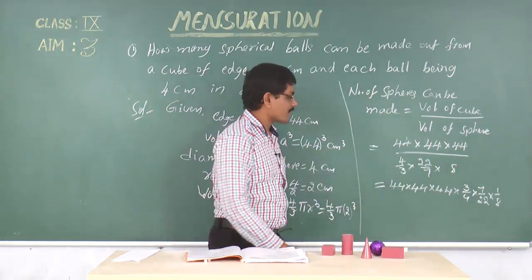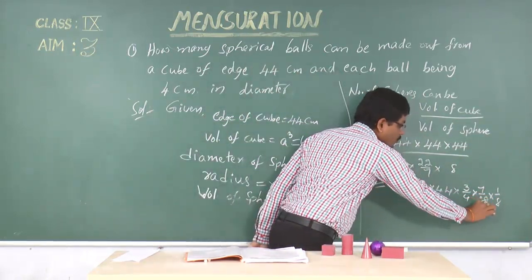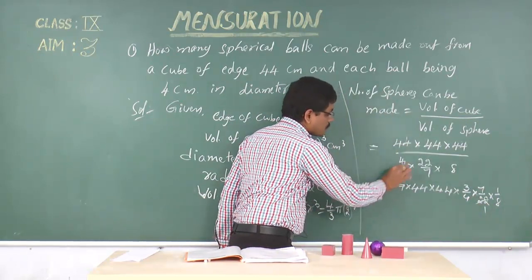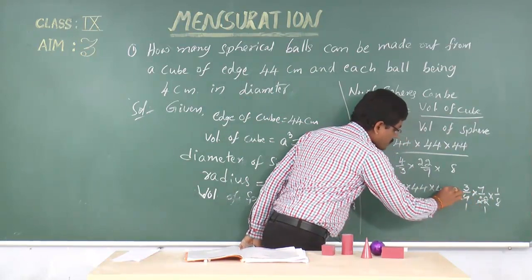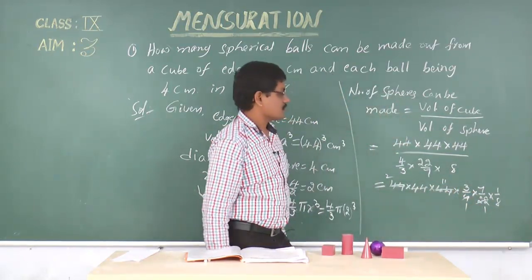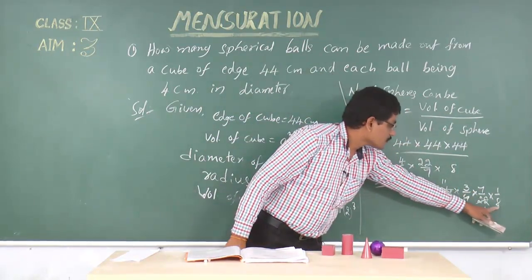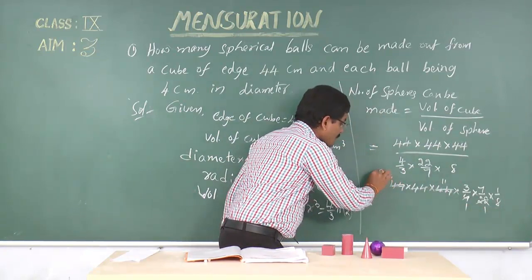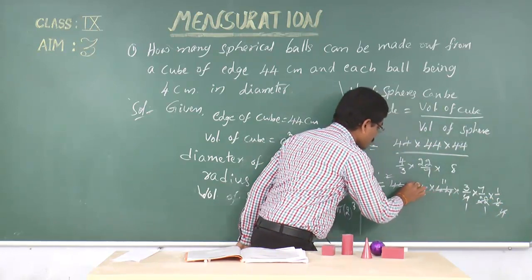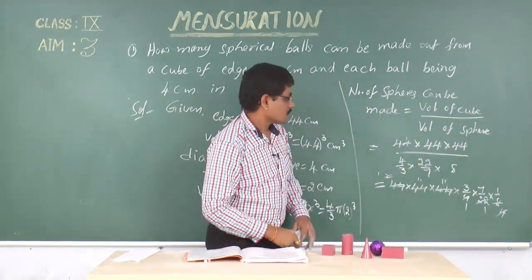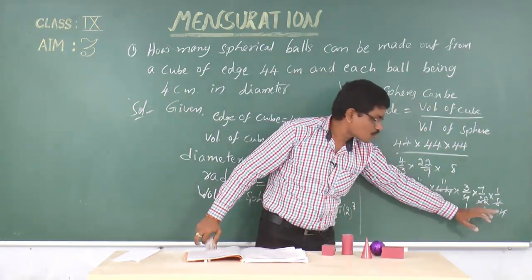Now do the cancellations here: 22 ones, 22 twos. Next 4 ones, 4 11s. Next 8: 2 ones, 2 fours, 4 ones, 4 11s. So in the denominator there is no value.